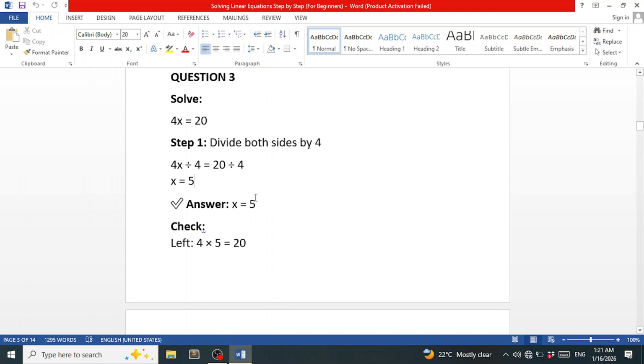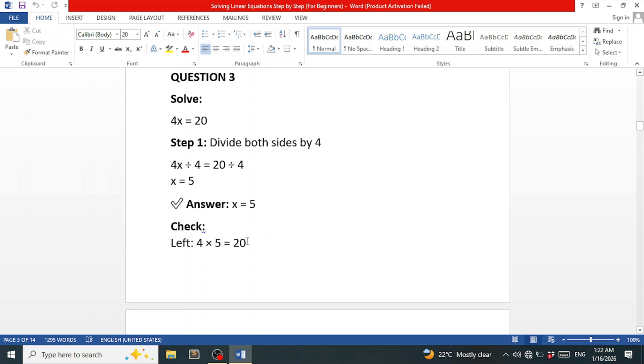Let's check if our solution or answer is correct. 4 times x on the left side, that is 4 times the value of x. This is 5, this is just multiplication. So we're going to have 4 times 5, it's 20.